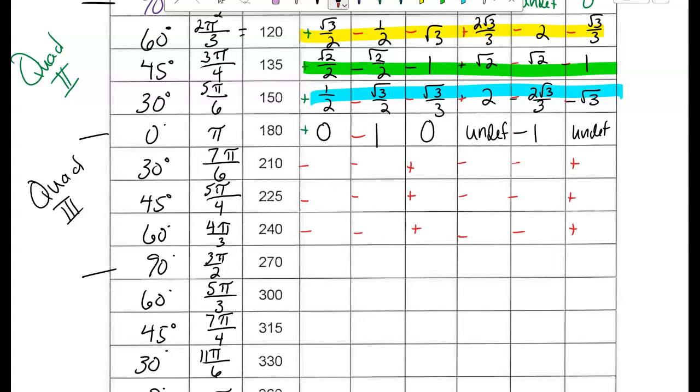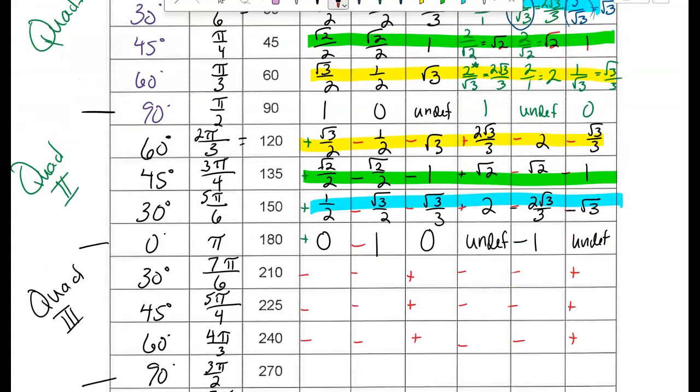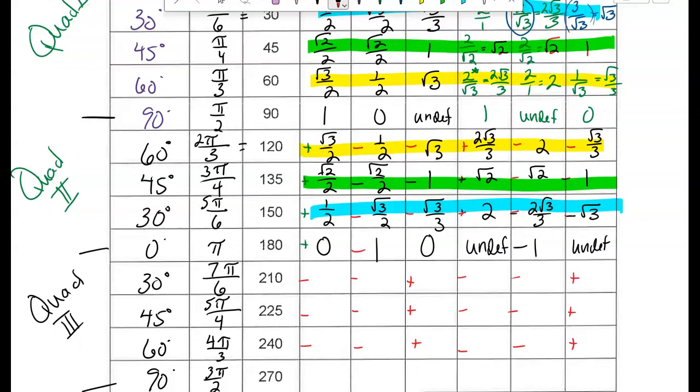All right, can anyone tell me where I'm going to get my 7 pi over 6 or 210? Where am I going to get my information to fill it in from? From reference angle of what? 30. So I'm going to be using this one again. I am not memorizing the whole shebang for this.